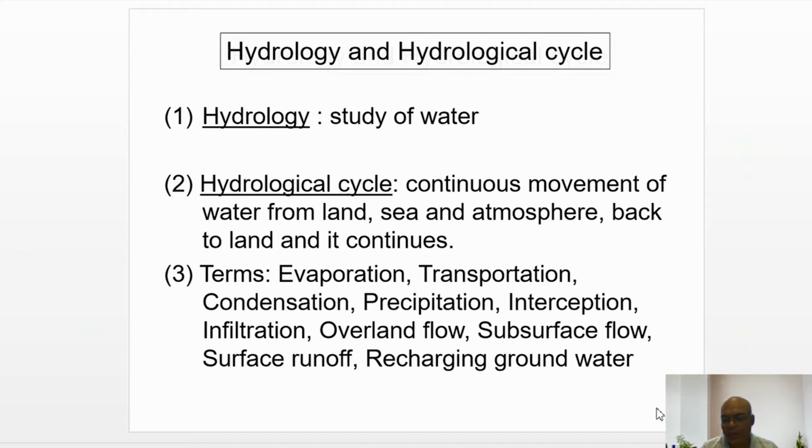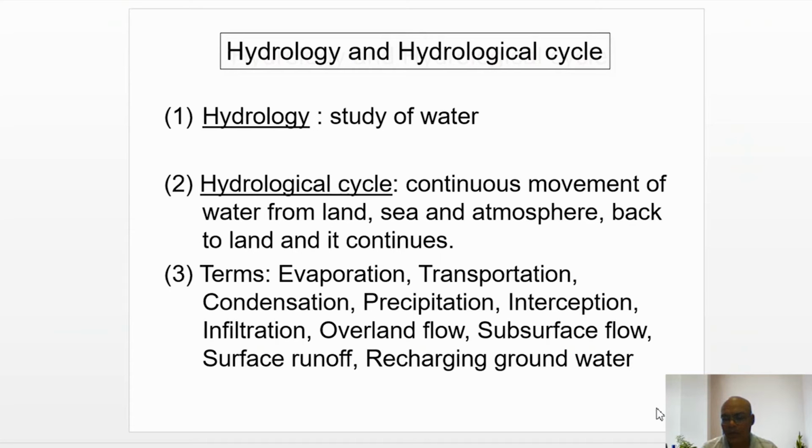And interception. This precipitated water, before landing on the earth's surface, lands on vegetation such as trees. So some amount of water is stored on the trees, because it will stick to the leaves and branches.